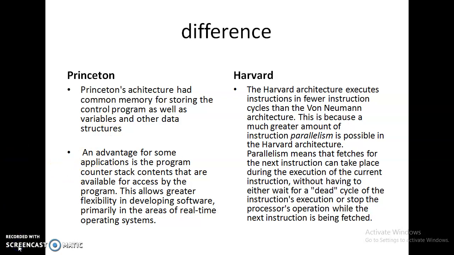Parallelism is a process where the next instruction can already be fetched during the execution of the current instruction. So at the same time, when you are executing a current instruction, you can fetch the next instruction. That is parallelism.